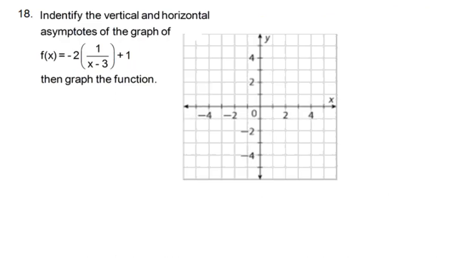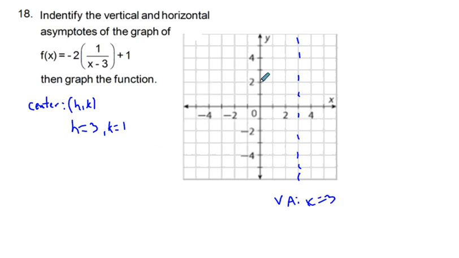18, identify the vertical and horizontal asymptotes of the graph of this. So what we have is our center is going to be h comma k, which is going to be h is equal to 3, k is equal to 1. So vertical asymptote is x is equal to 3.